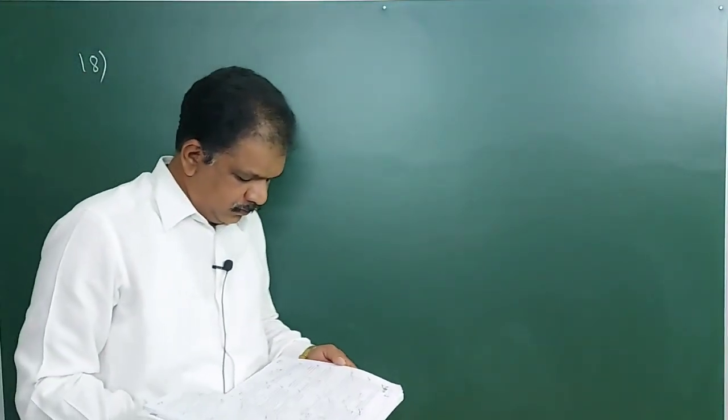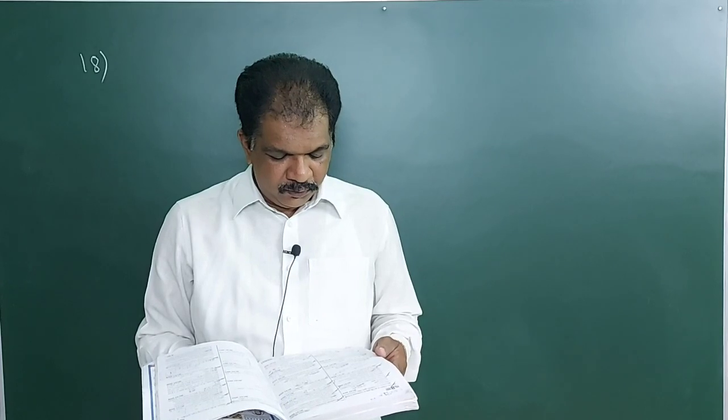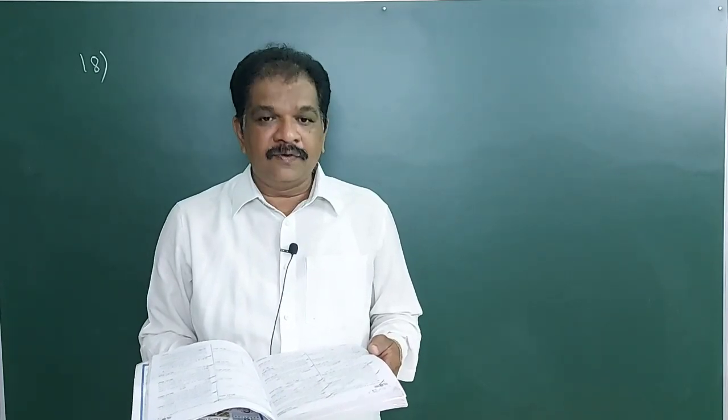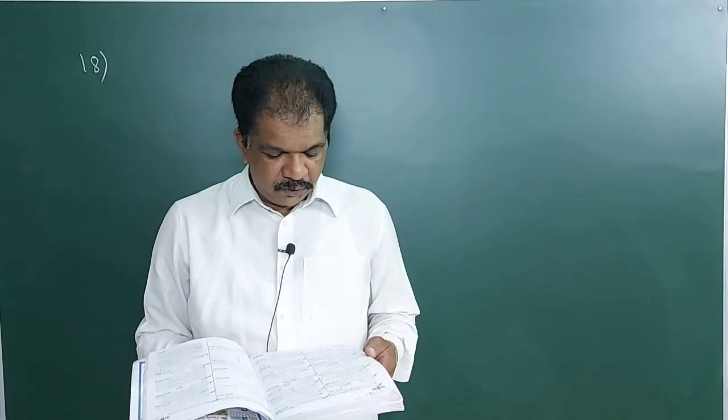A tuned amplifier circuit is used to generate a carrier frequency of 2 MHz for amplitude modulation.